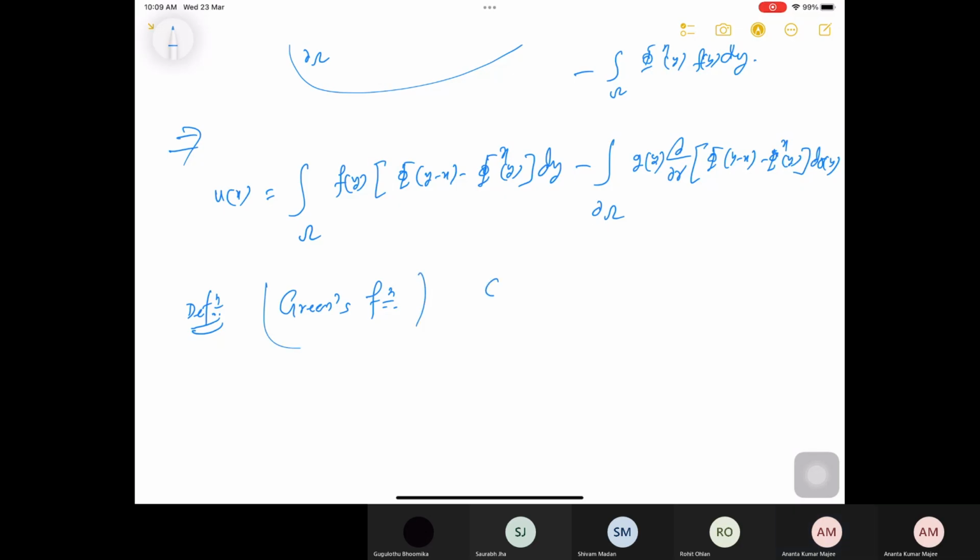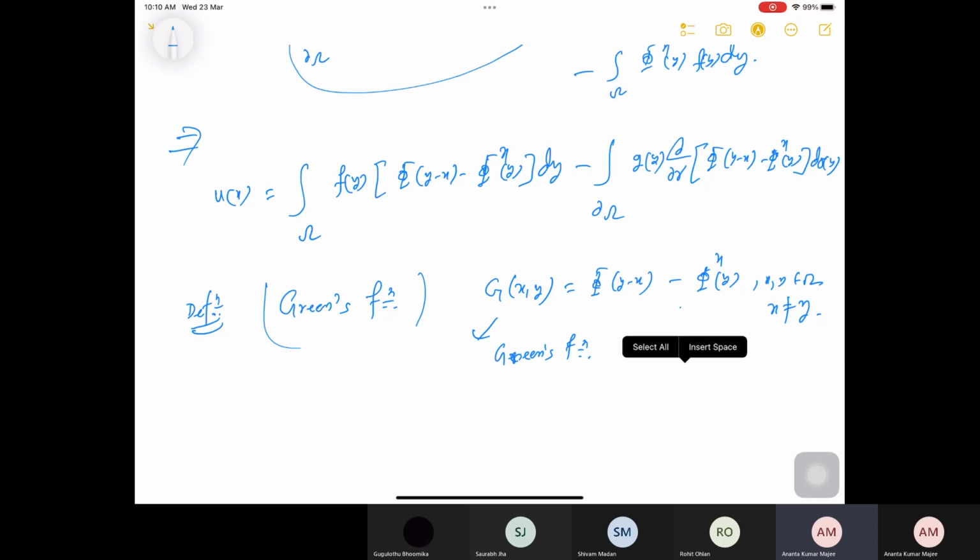I define G(x,y) as phi of y minus x, minus phi^x of y, where phi^x of y satisfies the previous conditions. It is harmonic in omega, and on the boundary it equals phi of y minus x. I define these functions for x, y in omega with x not equal to y. These functions G are called Green's functions.